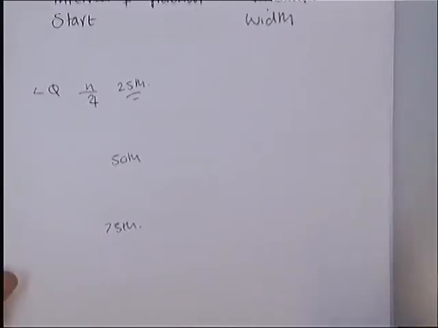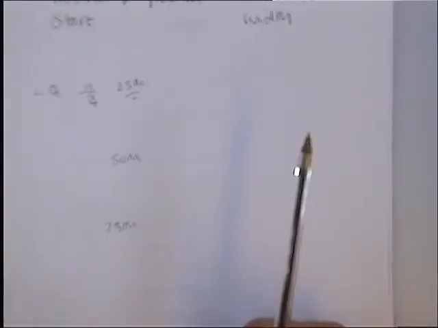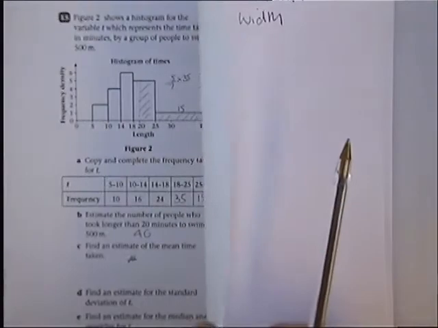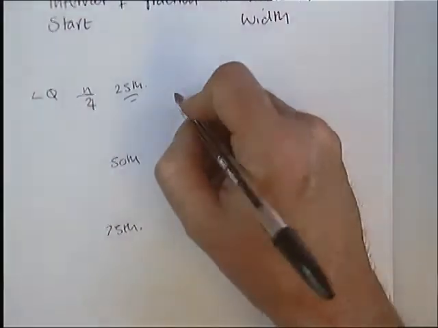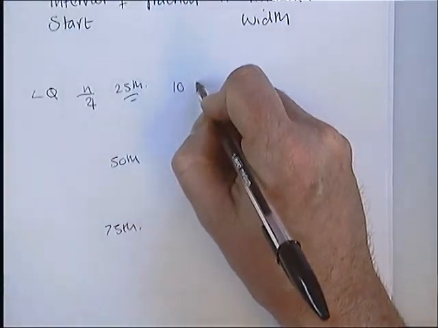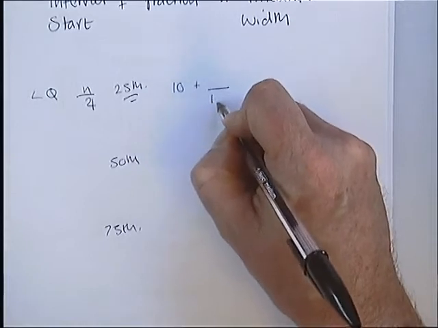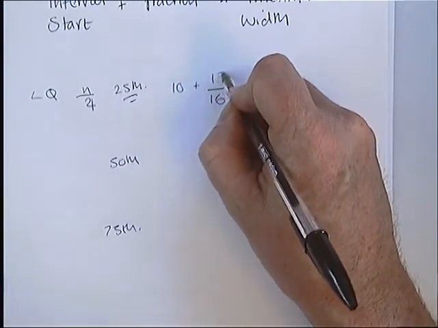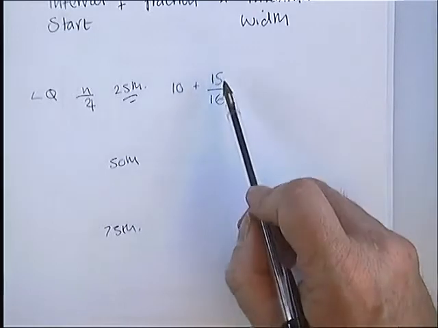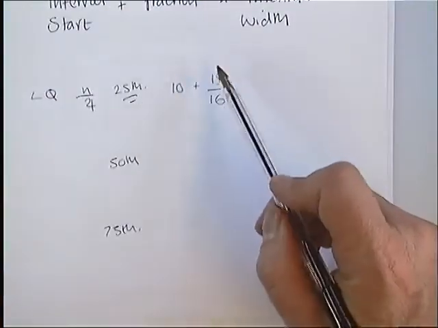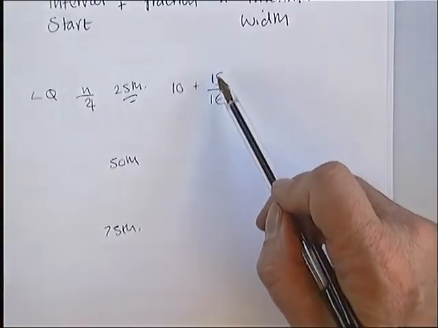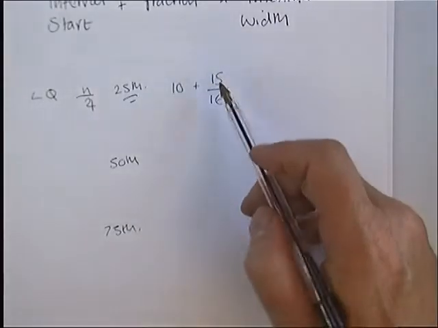So we're in the interval 10 to 14, so the start of the interval is 10. There are 16 scores in the interval, and we're the 15th score. There are 10 before it, so 15 and 10 is 25, and that's what we want, the 25th score.